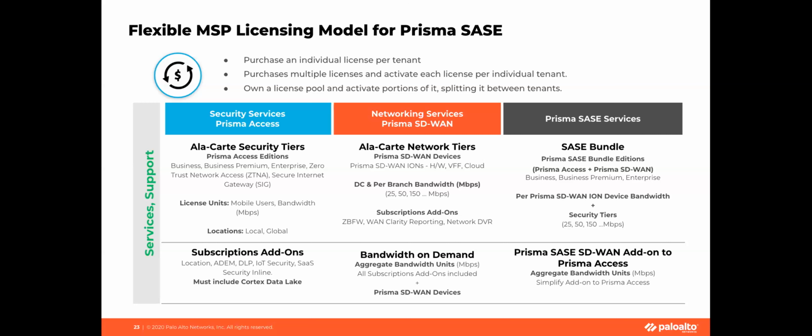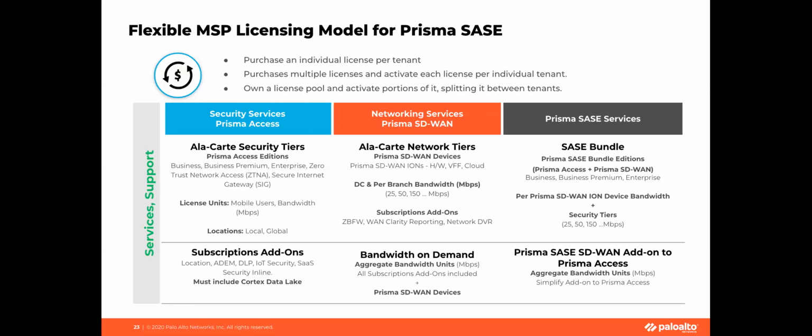Within the SASE solution, we also offer various licensing tiers tailored to different security and networking needs. This includes a la carte security editions like business premium, zero trust, a secure internet gateway, or you can have a la carte networking services.